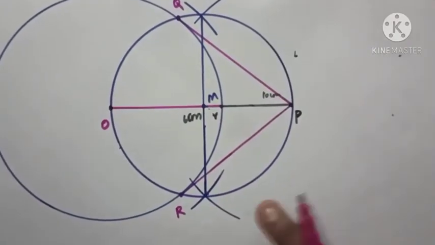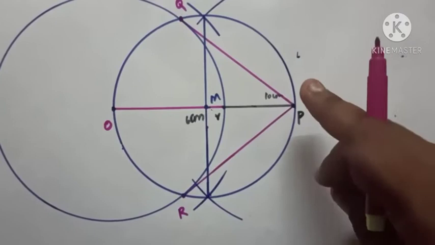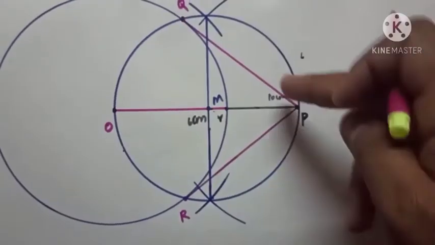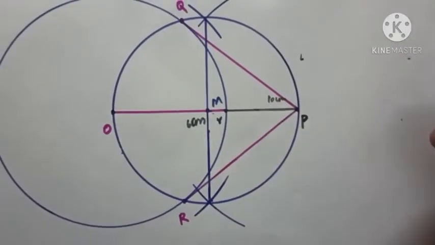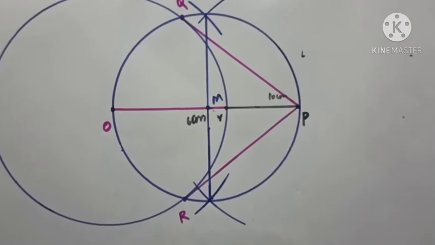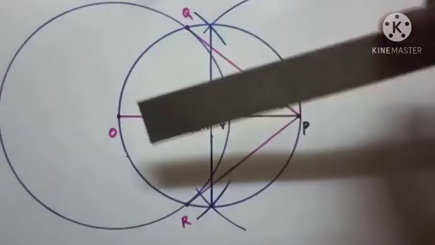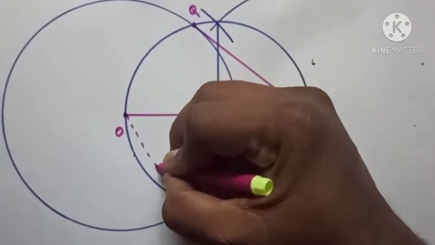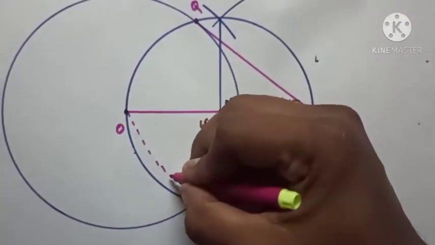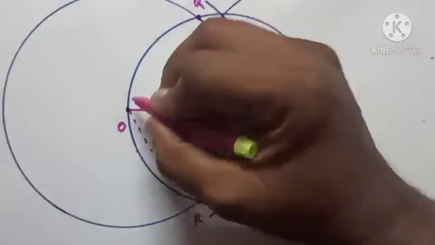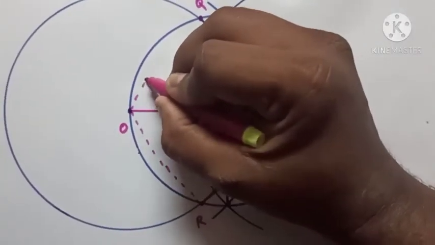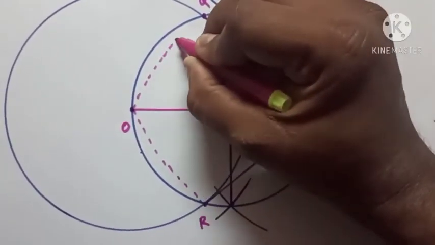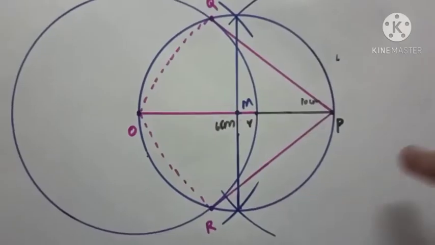So RP and QP, or PQ and PR, we say are the tangents. Now I join QP and OR as the radius. By using the scale, you must join them. So this is the radius.